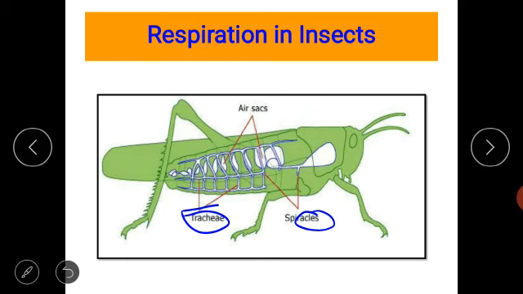This is the trachea, and it is connected with the tracheoles, and this trachea meets the air sacs, and there is a distribution of air through the air sacs to the whole body of the insect. So first, spiracles are attached to the tracheoles, which are attached to the trachea, and the trachea is connected to the air sacs. In this way, respiration in insects can occur.